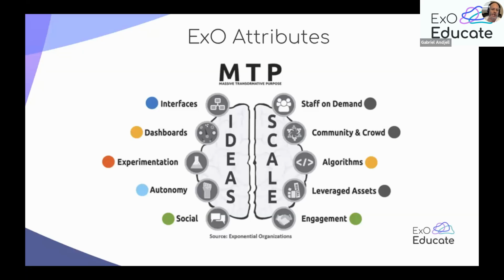The first one is this massive transformative purpose, the MTP. As I mentioned earlier, an EXO is a purpose-driven organization, so it has to have this massive transformative purpose. It's very important to really understand the purpose of the company, why that company exists, and what future that company is building.